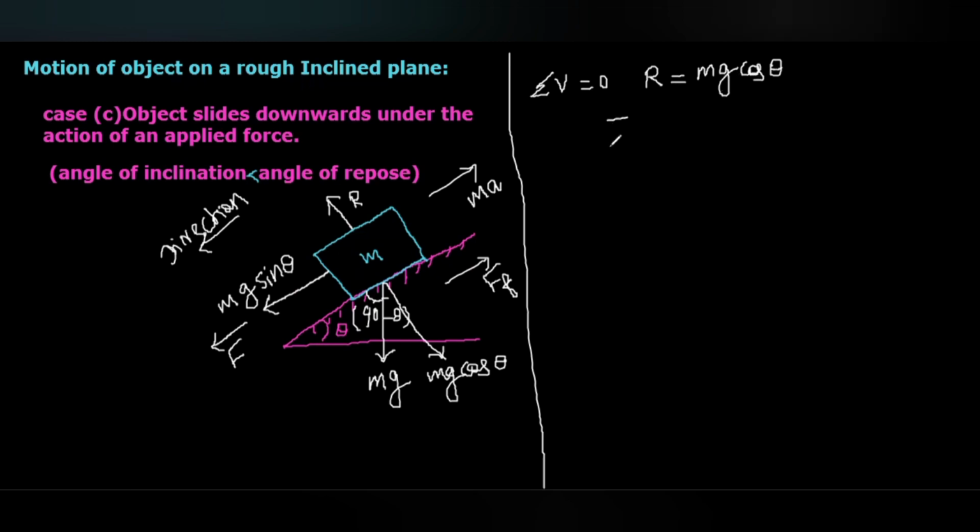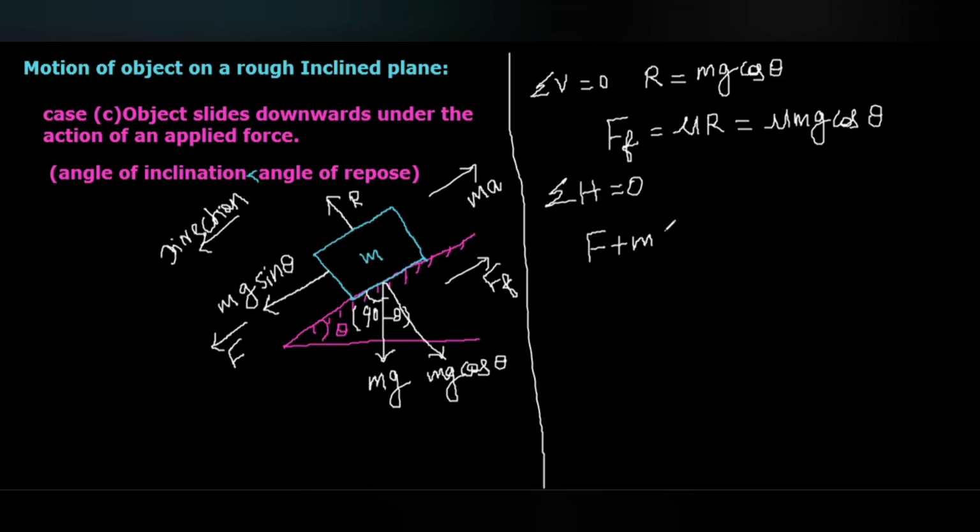Then we know that the frictional force FF equals mu R. So we can write mu mg cos theta. Then summation of horizontal forces equals 0. Okay. So we can write the left side forces, external force F plus mg sin theta, equal to the right side forces, force of friction FF plus ma.